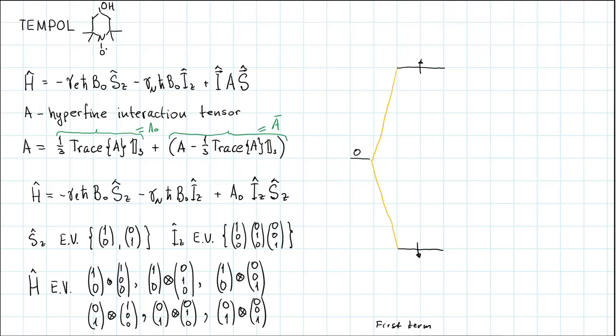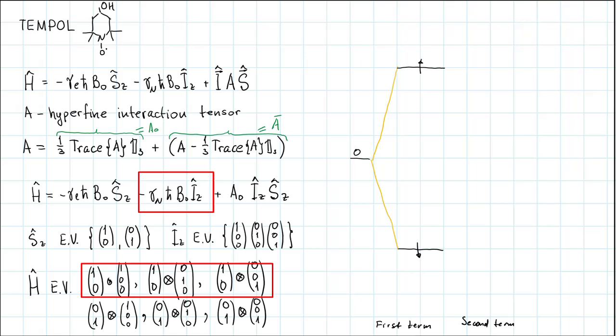Now let us go to the second term, corresponding to the nitrogen nuclear Zeeman spin interaction. The action of this term on these three eigenvectors with the electron spin oriented upwards will give now three different results: minus gamma N h bar B0, 0, and gamma N h bar B0.